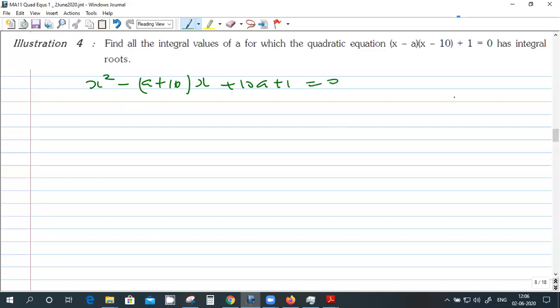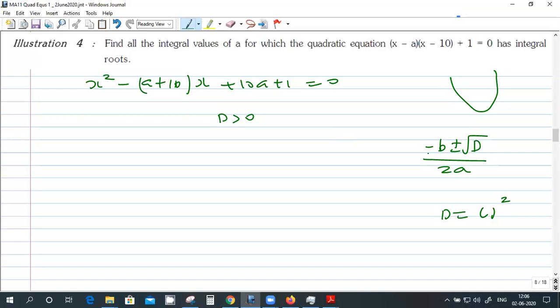So this is basically a parabola in this form. Okay, first condition is the discriminant has to be greater than 0 for it to have roots, right? And then the roots will be minus b plus or minus square root of D divided by 2a. So for it to be an integer, first of all, D should be a perfect square. Otherwise, it will not be an integer, right?